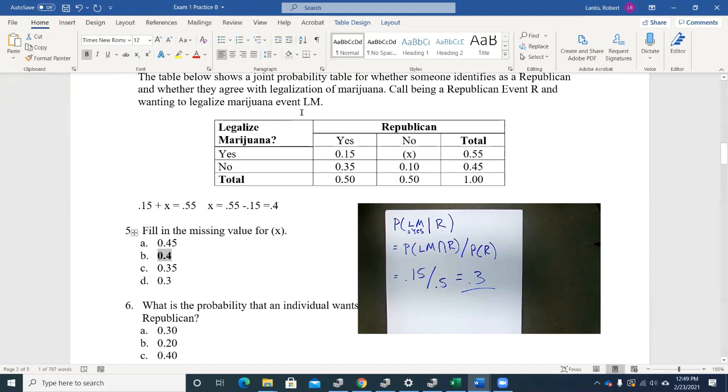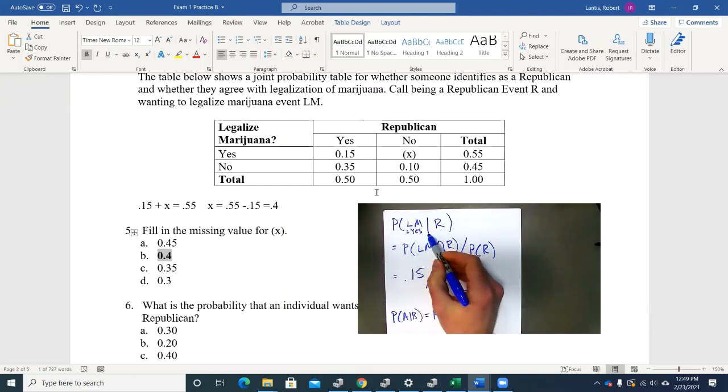Now, very quickly, I'm going to allude to something that we'll work on in a problem later. How could I check to see if these are independent? We said they're independent if the conditional probability is equal to the unconditional probability, right? Well, here we found a conditional probability.